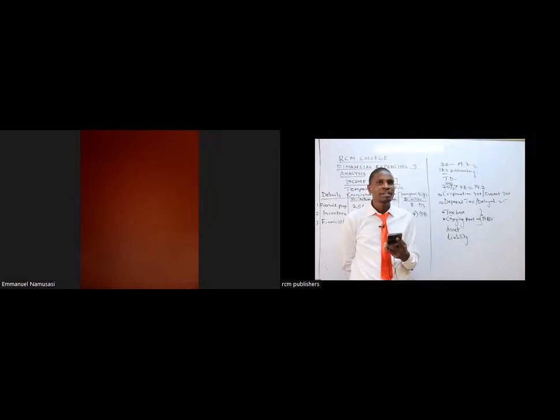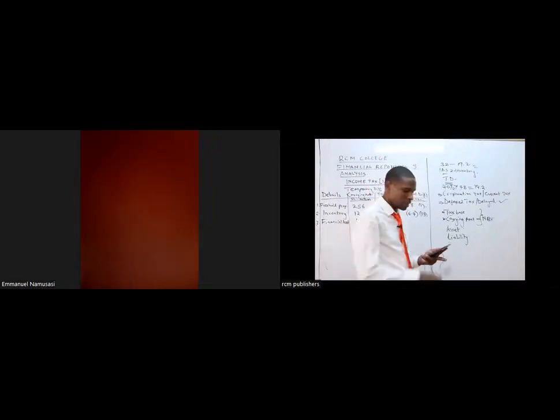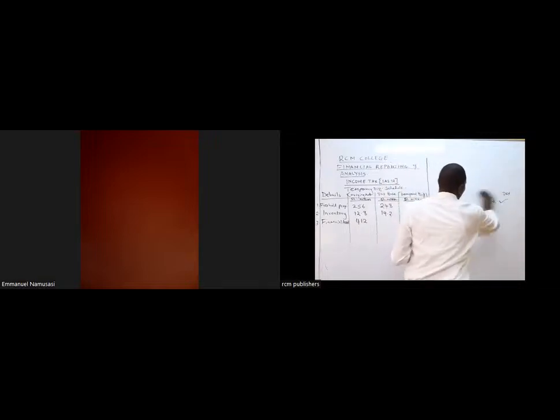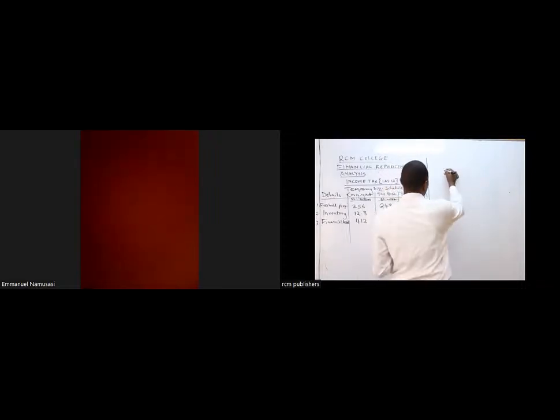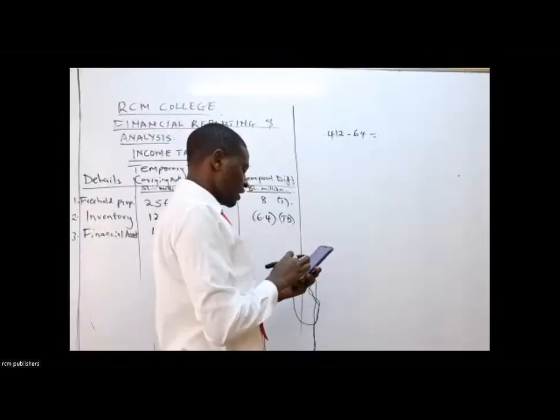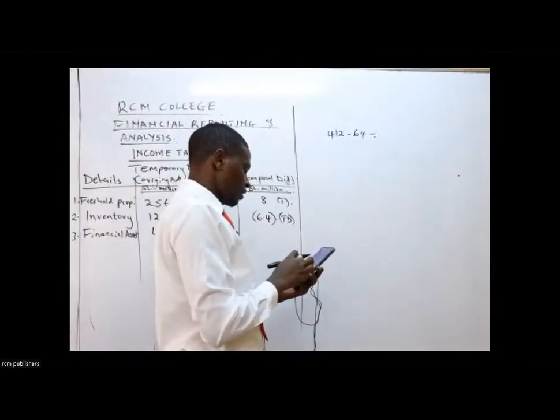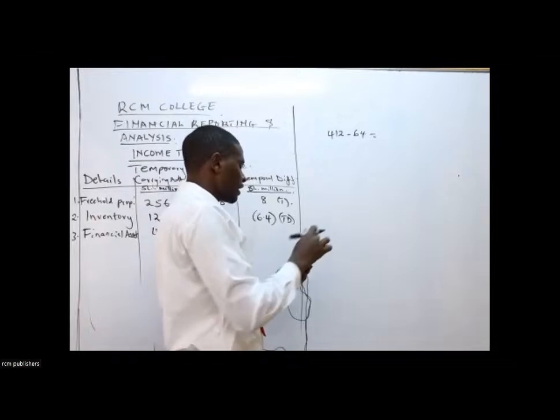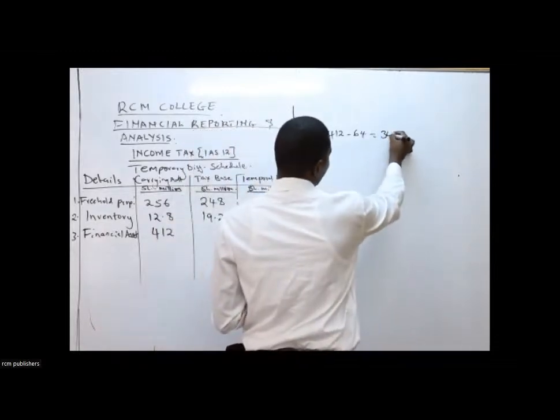So we come here and check. The gain was 64. So we have 412 minus 64. What are you getting here? 412 minus 64, class. Here I'm getting 348.